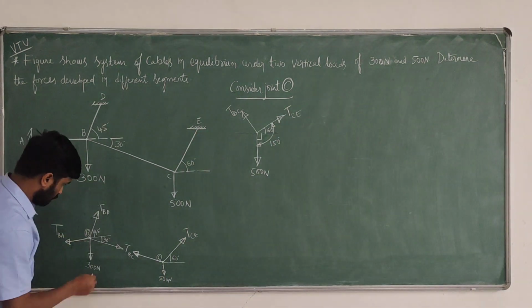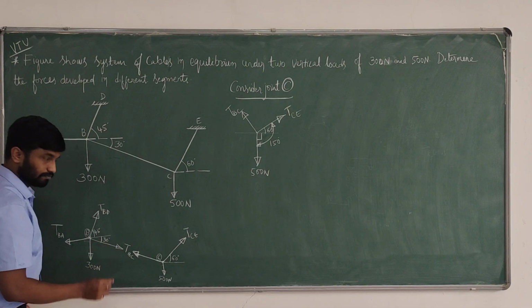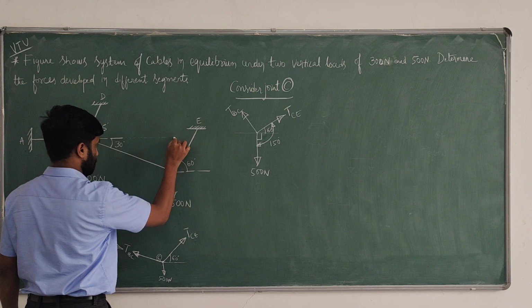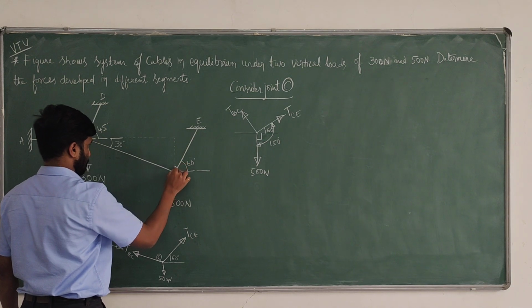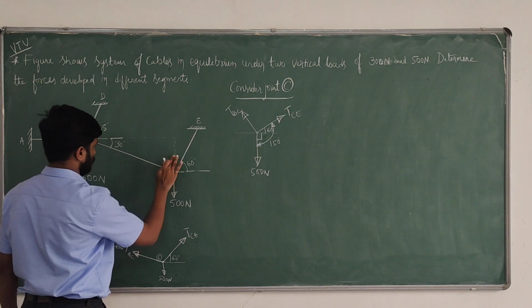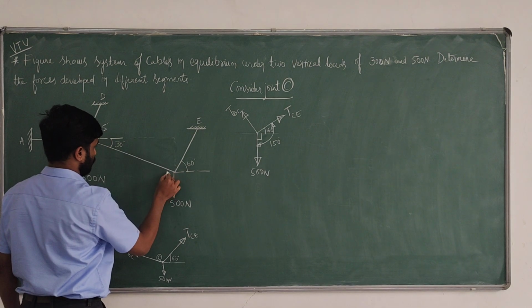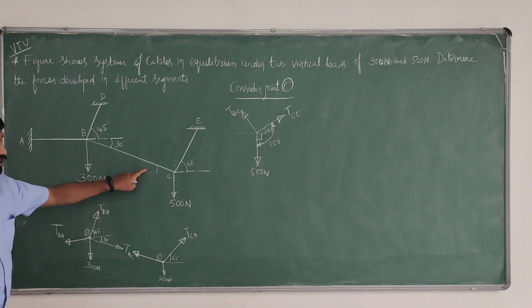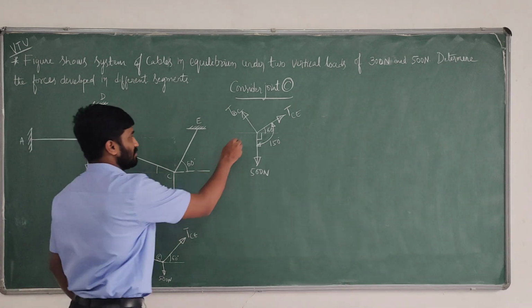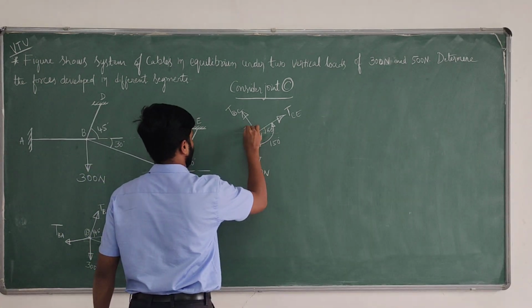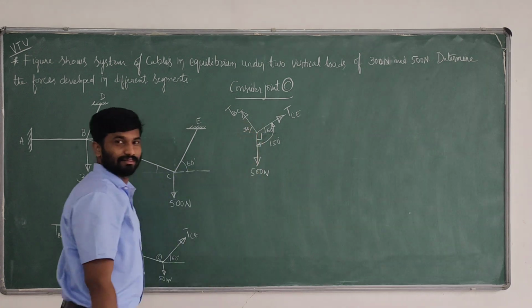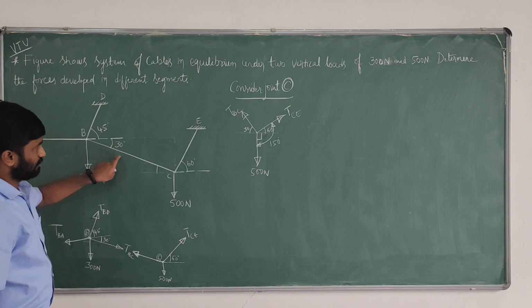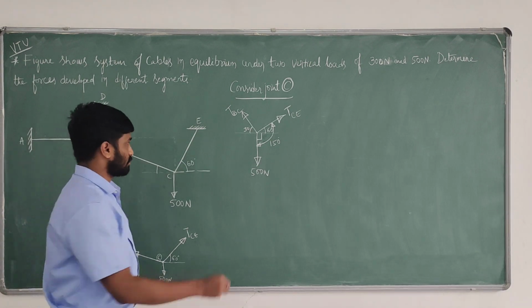Now observe, if this is 30 degree, this value is also 30, so TBC makes 30 degree.